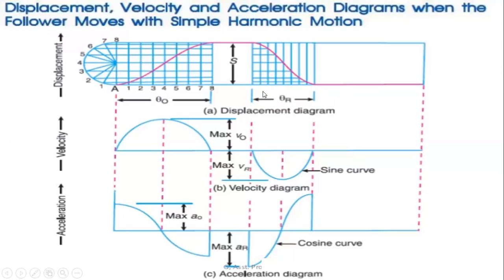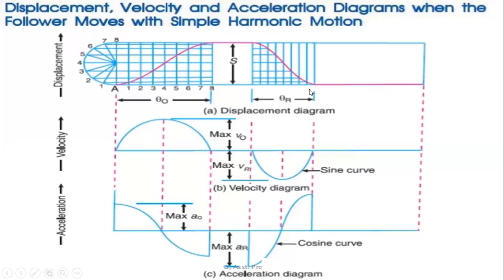Then we have to draw the vertical line and horizontal line for the positions. For the positions taken, we have to draw vertical and horizontal lines. Taking from the 7th line, the 7th point, 8th, 9th, 10th, again the arc comes as a downfall, so a falling arc. Next, the last point is the dwell period.